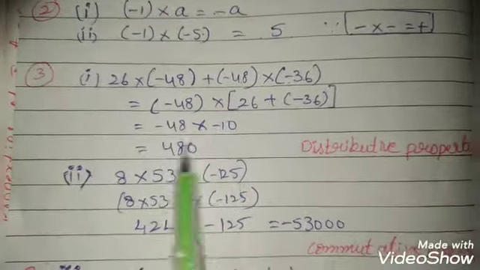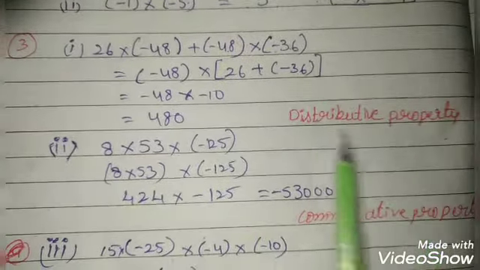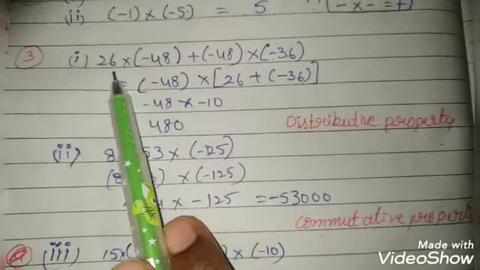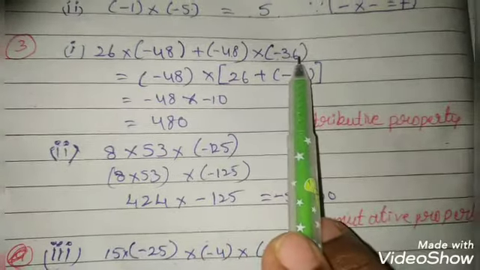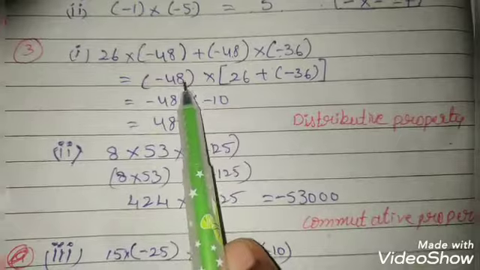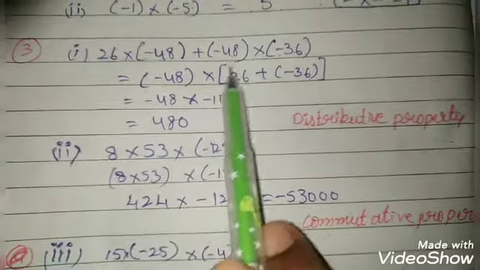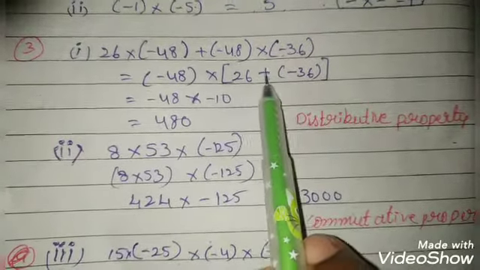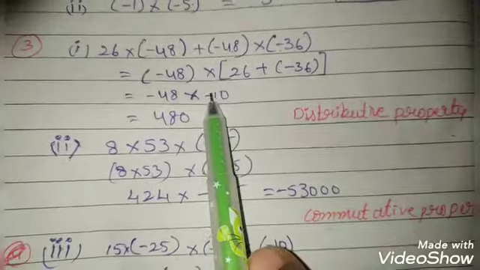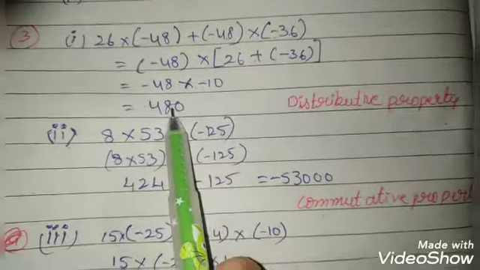So this belongs to the distributive property. 48 into 26 plus minus 48 into minus 36. So minus 48 is common to these numbers. So minus 48 into 26 plus minus 36. 26 plus minus 36 is minus 10. Minus into minus is plus, 48 into 10 is 480.